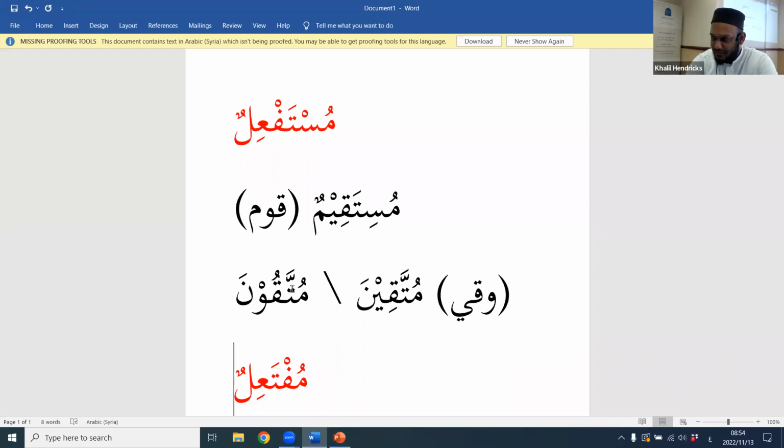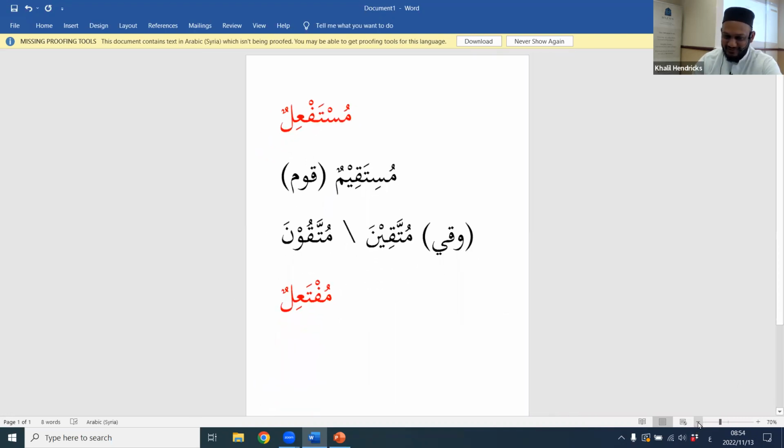Maybe for that one I should add a rule number 5 also, because it's the extra rule I didn't add, actually. Okay, I think let's go through it, inshallah, and then you can see how far we get.